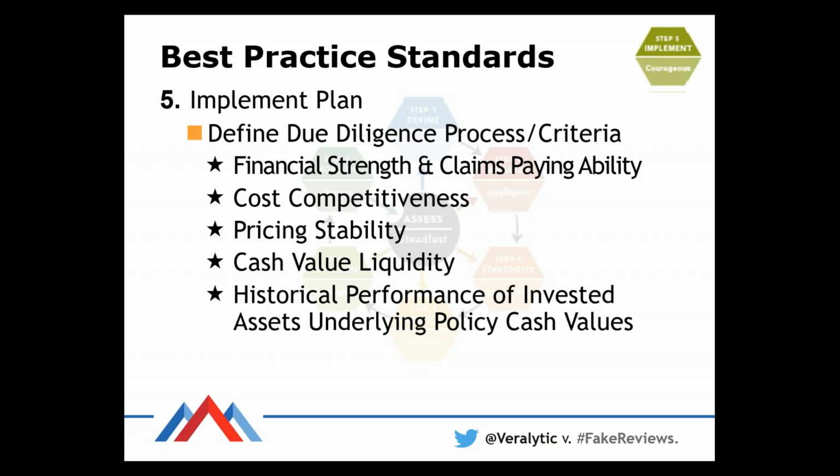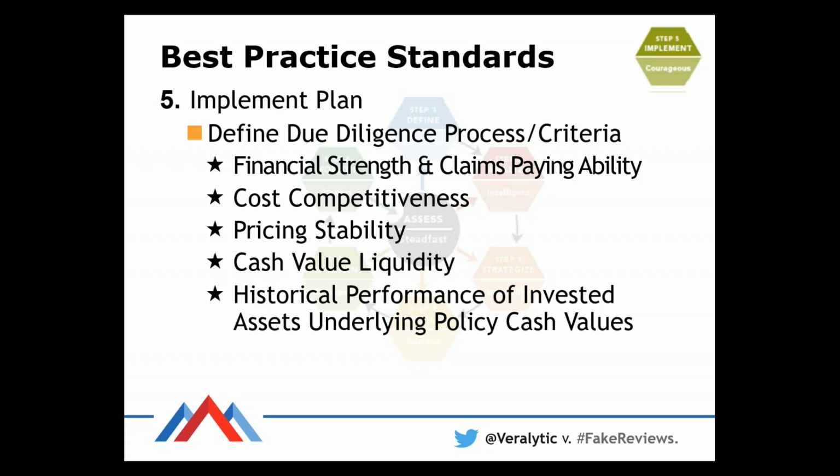For instance, a client may say, look, I've always heard that no life insurance death benefit has ever not been paid because the insurance industry came to the rescue of a failing insurer. So why do I want to pay more for financial strength and claims paying ability? If the client doesn't care about financial strength, then a 4-star product may be most appropriate in their situation.